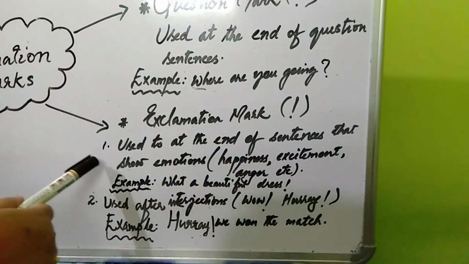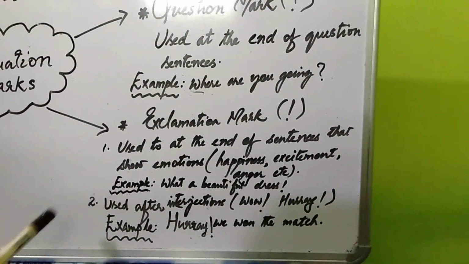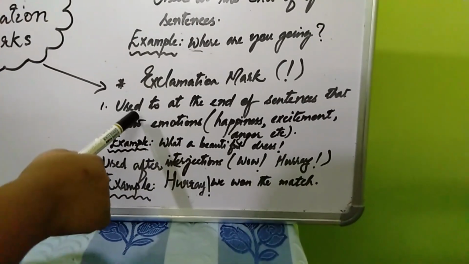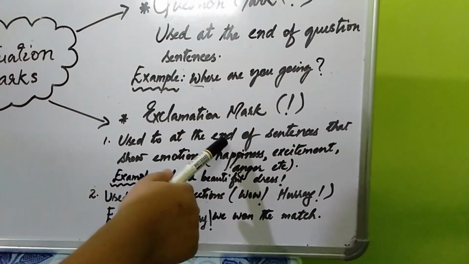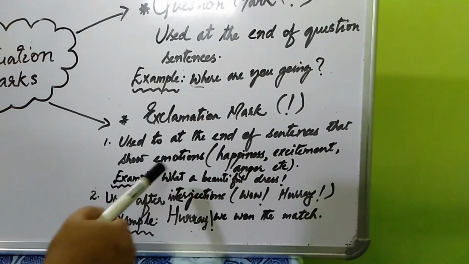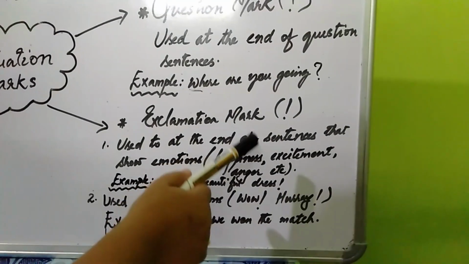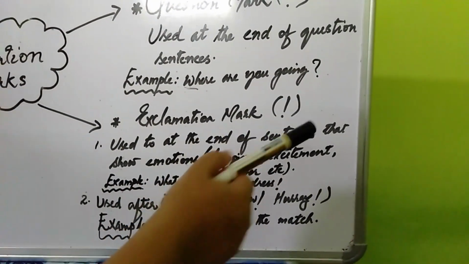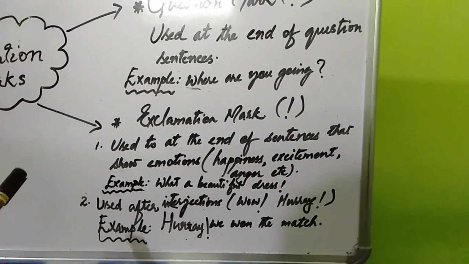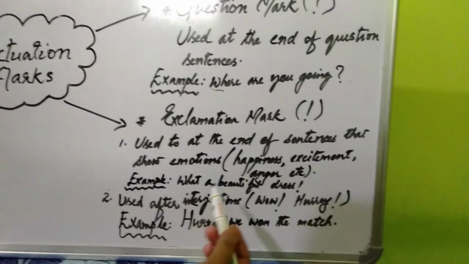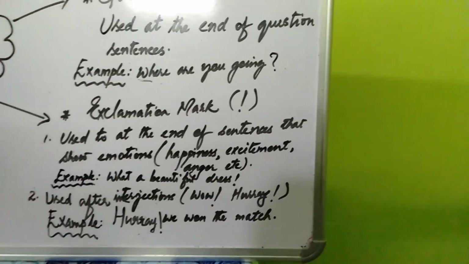So there are two uses of it, and we can use it at two instances. The first one is that it is used at the end of a sentence which shows sudden emotion. It may be happiness, excitement, anger, right? One of the examples I've given: What a beautiful dress!